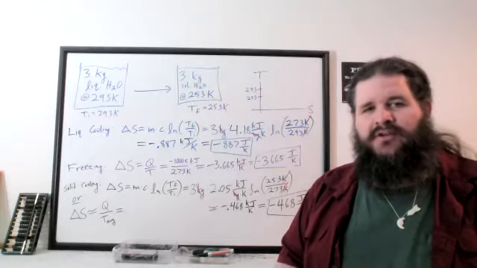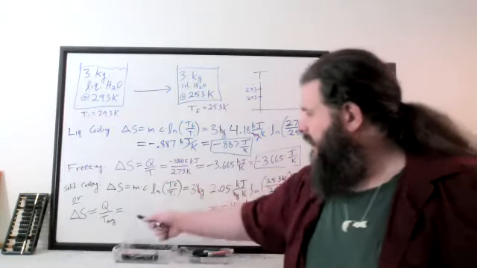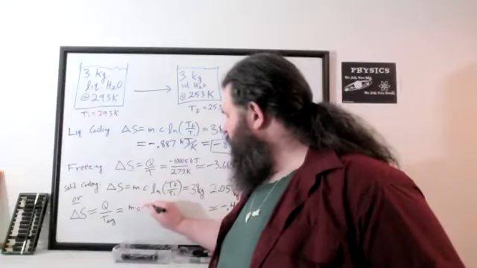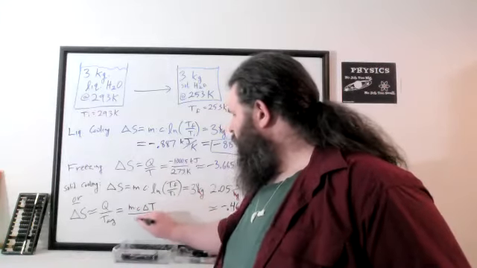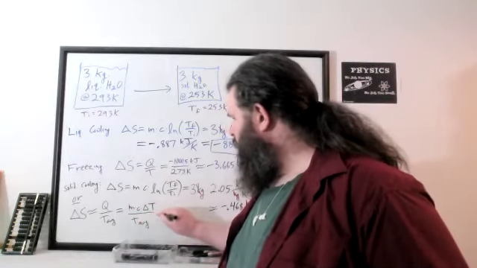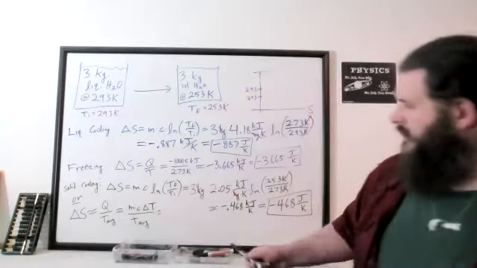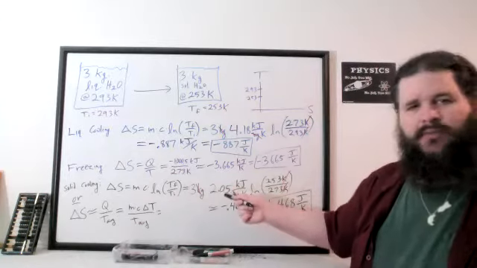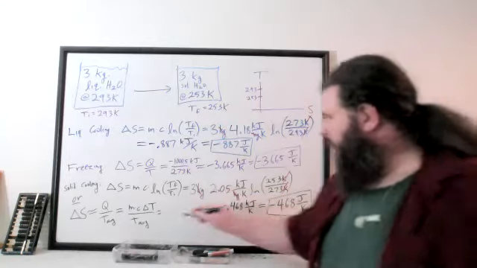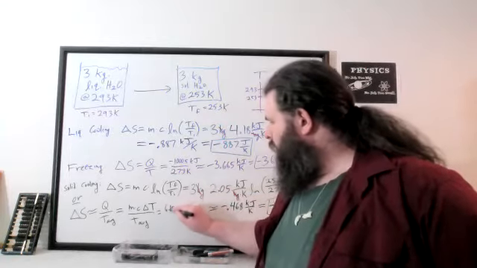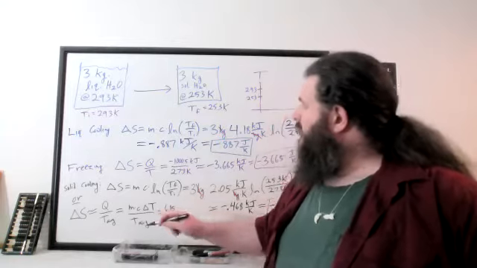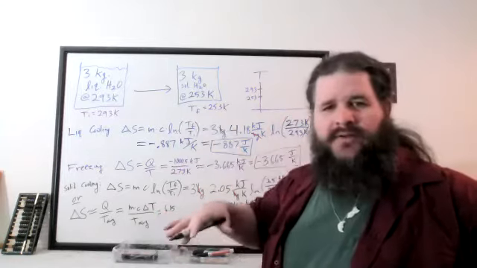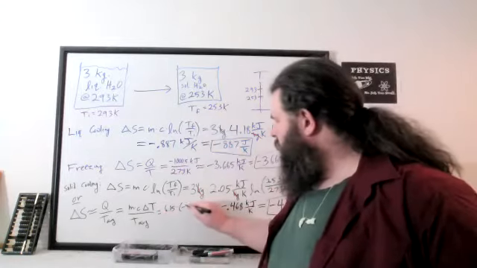Yeah, this is a change in thermal energy, so we could treat heat as mc delta T over the average temperature. We already calculated m times c, that's just 3 times 2.05, so that's 6.15. Delta T from 273 down to 253 is negative 20.